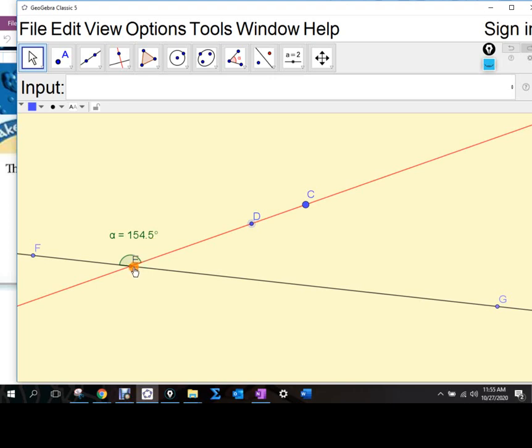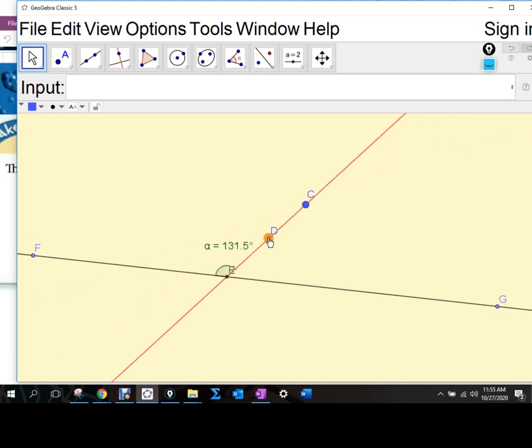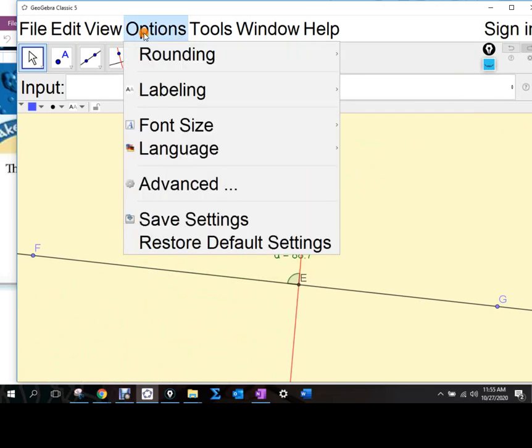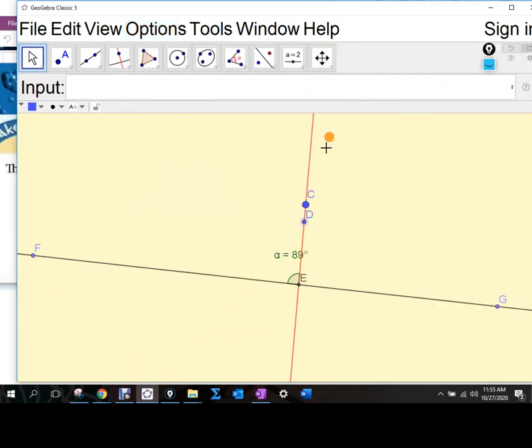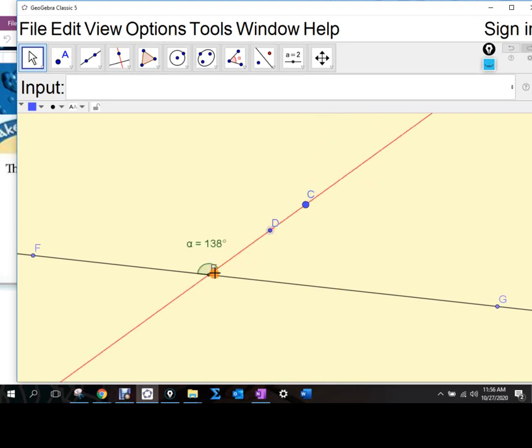Okay, if we go back to where it was 90, we'll cheat even more. Okay, so if it's 90, that means this angle right here is 90 and that one is 90, right? So that means they're perpendicular, but nowhere else will they both be 90, right? One's going to be bigger than 90 and the other one's going to be less than 90. Does that make sense to everybody?